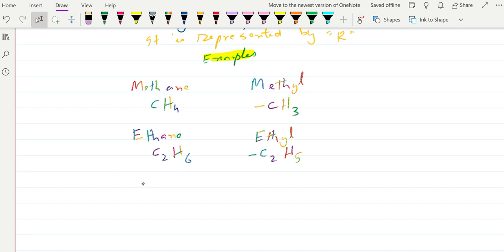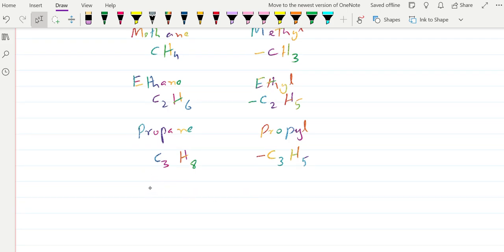Similarly, for propane, the molecular formula of propane is C3H8, and when it becomes an alkyl group, it will be known as propyl, and its formula will become C3H7, with one bond vacant.